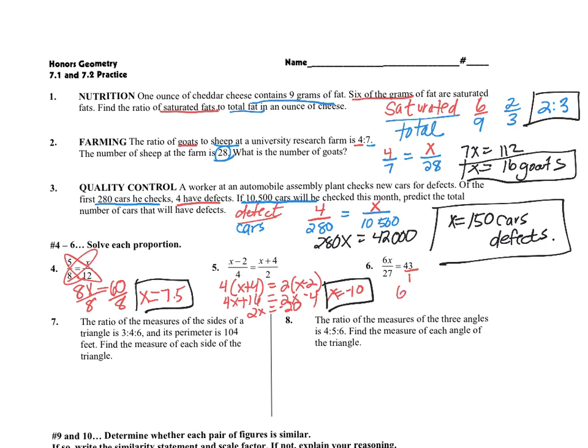So when I cross multiply, I'm going to have 6x equals 43 times 27, 1,161. And when I divide that out, x is going to be equal to 193.5.